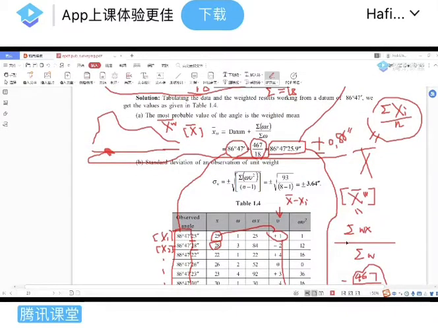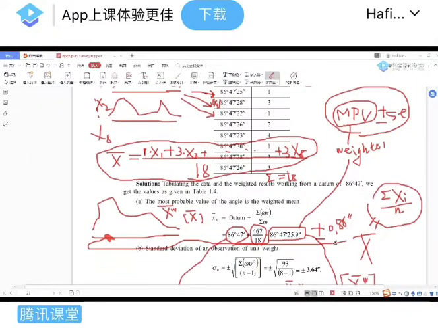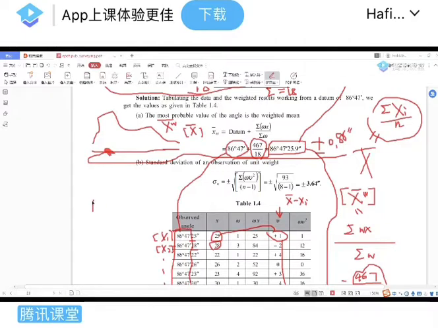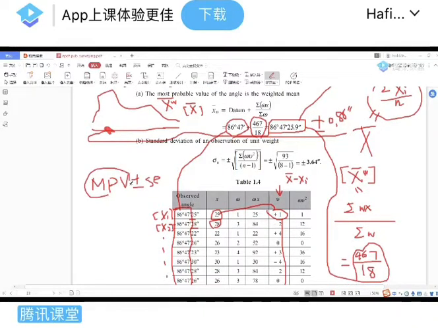We've run out of time, so let me remind you of one thing. First of all, we care about the most probable value, and the plus minus is a standard error. Since here we have a mean, this value is a weighted mean. And this standard error, in principle, is related to this mean as well.